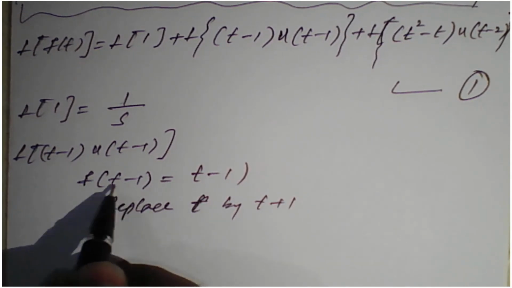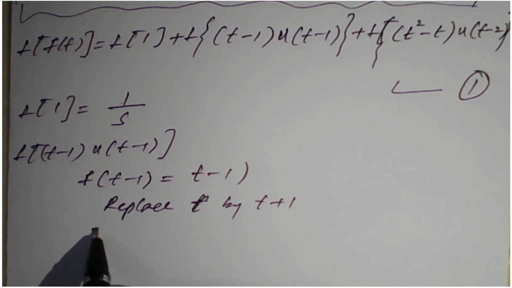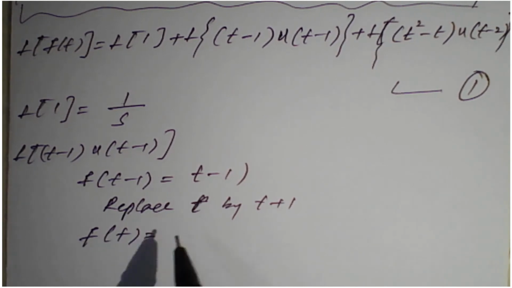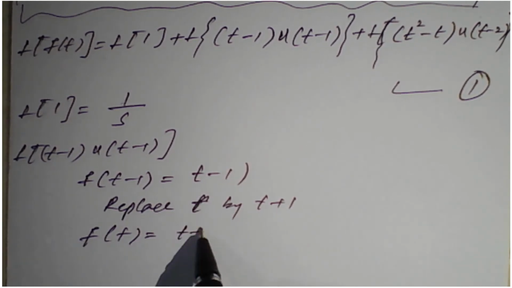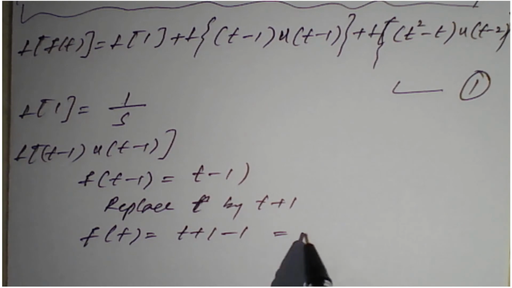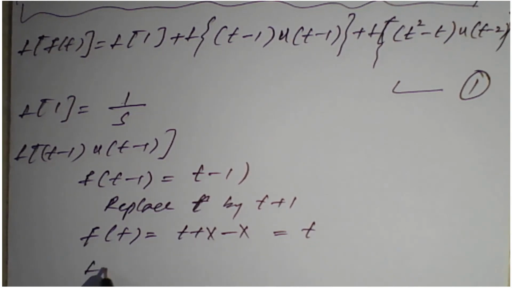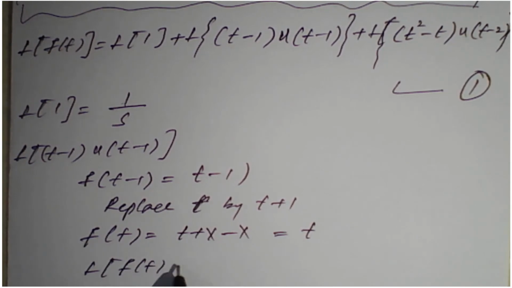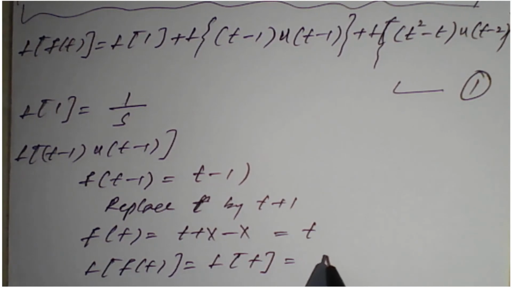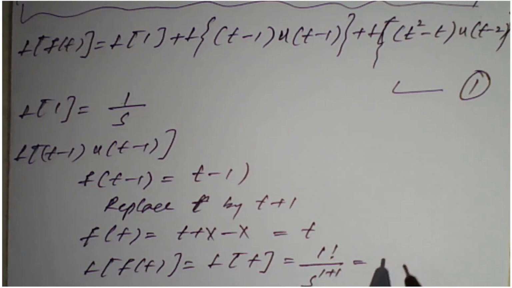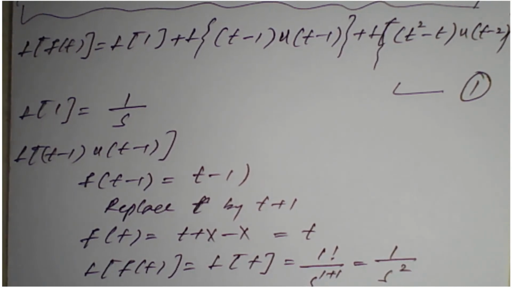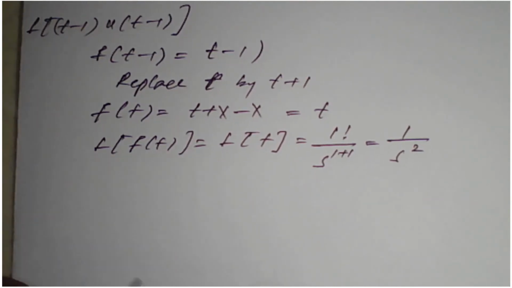So if you replace t by t plus 1, you will get here f of t. So it will become f of t is equal to t plus 1 minus 1, plus 1 minus 1 cancels, t we got. So therefore Laplace transform of f of t is equal to Laplace transform of t, which is nothing but 1 factorial divided by s raised to 1 plus 1, that is 1 upon s square. So we got this result.